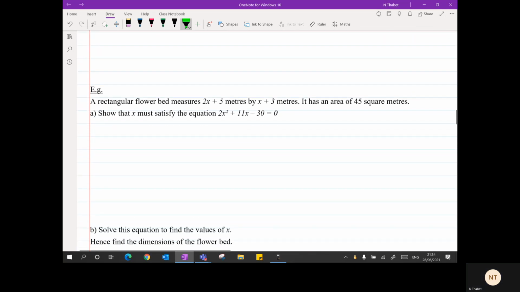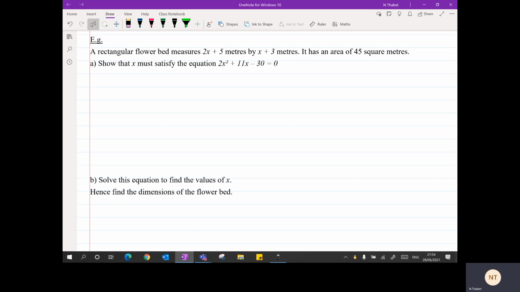Now, we'll have a look at this question. Sometimes it's very straightforward. A rectangular flower bed measures 2x plus 5 meters by x plus 3 meters. So these, even if they're not written in brackets, you should put brackets around them.